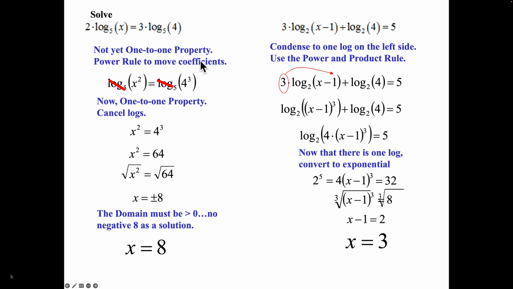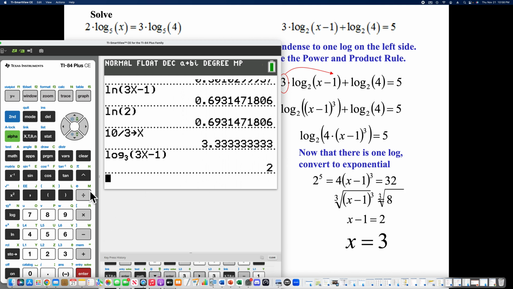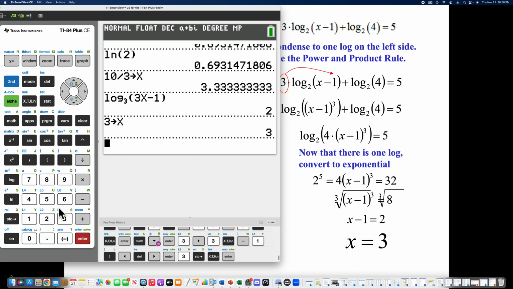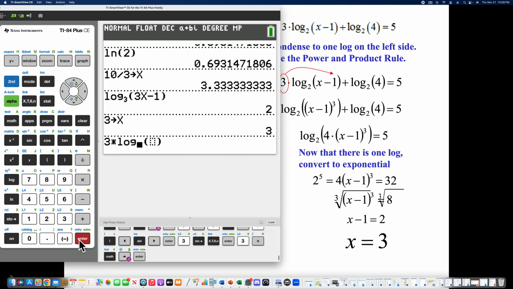Now, if I'm checking this one on my calculator, because my logs didn't cancel out, I have to use log base 2. So if I go to my calculator again to check this, I'll store my 3, 3, store it for x. 3 times math, log base a.